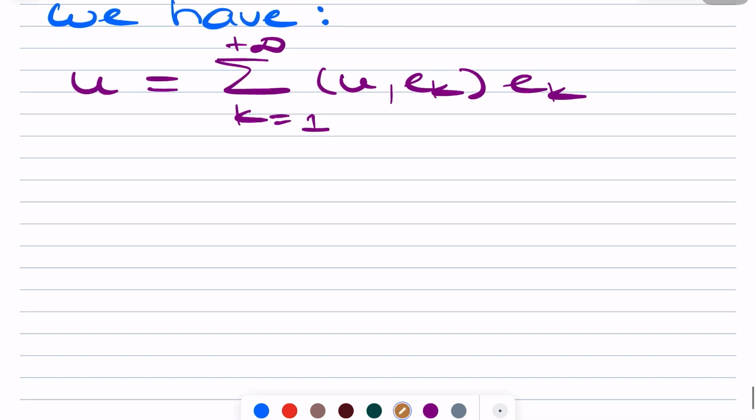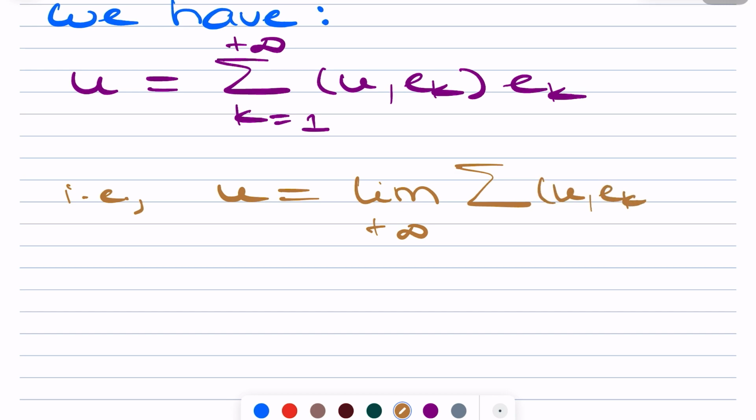This is also another way of saying that u is the limit as n goes to infinity of the sum of the scalar product of u and e_k, times e_k, k running from 1 to n.